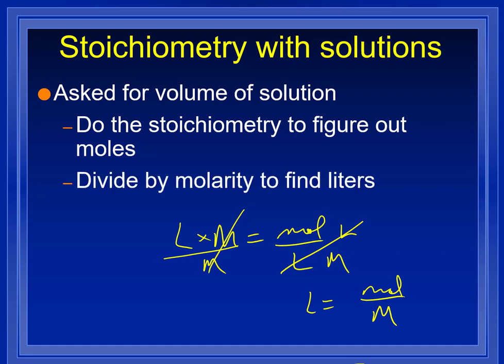Lots of people are going to do molarity over moles. But that won't work because your units will be inverse liters, which there's no such thing as an inverse liter. One over liter.